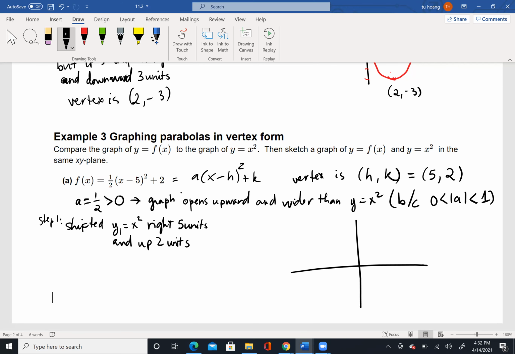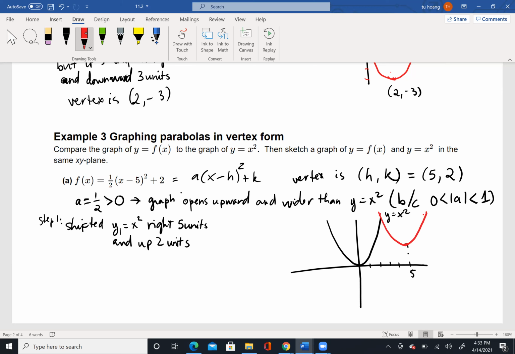This was here as the original one, y equal to x squared, right? Shift right 5 units: 1, 2, 3, 4, 5. Here is 5. And then shift up 2 units, 1, 2. Let's use red color here. So maybe one more time.